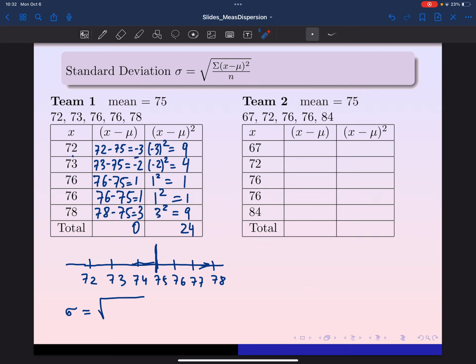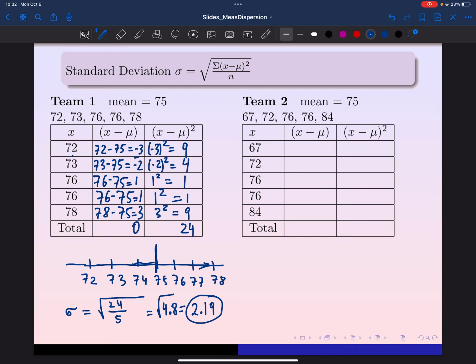It's 24 divided by the number n, which is how many we have? 1, 2, 3, 4, 5, divided by 5. And thus we can calculate it. So it's the square root of 4.8. So this gives me 2.19. So this is the standard deviation for the whole set.